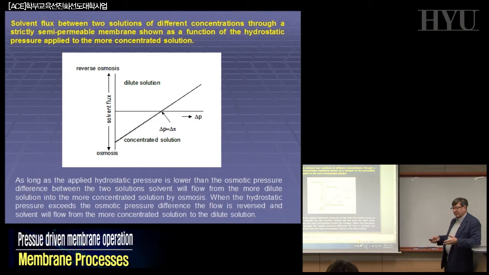So when you make your calculation, you have to calculate your hydrostatic pressure for a certain level of concentration of the solution. If for any reason the concentration of the feed is increasing with time, you must be careful to increase the hydrostatic pressure. Otherwise, you are going to operate down here, and so the water will just go to the other side.